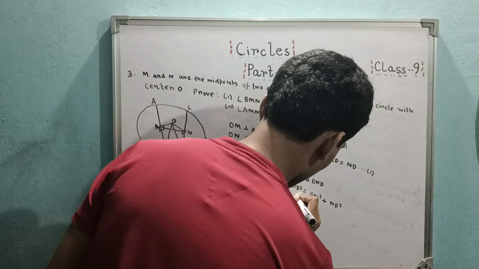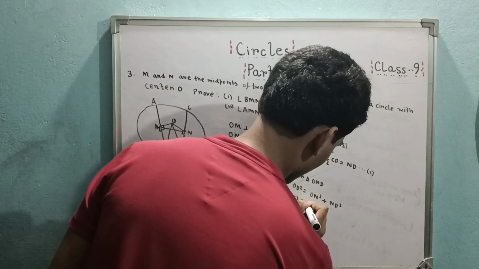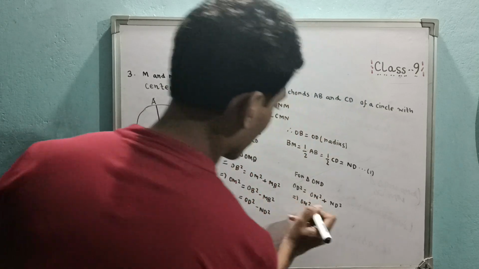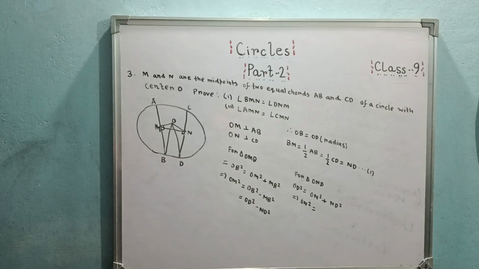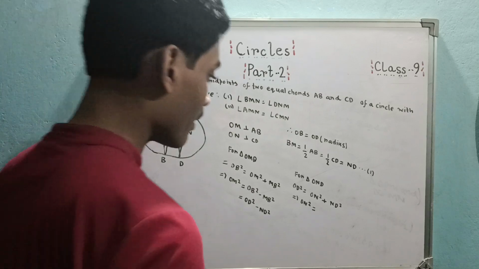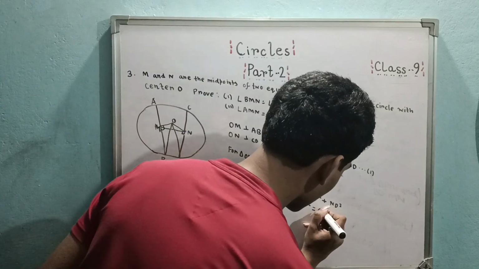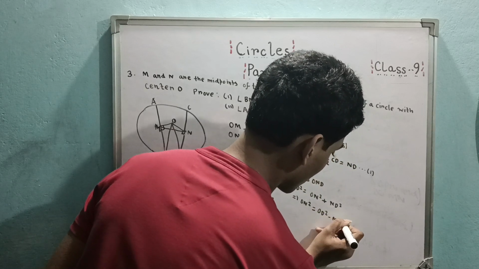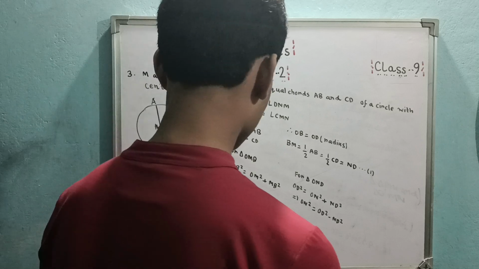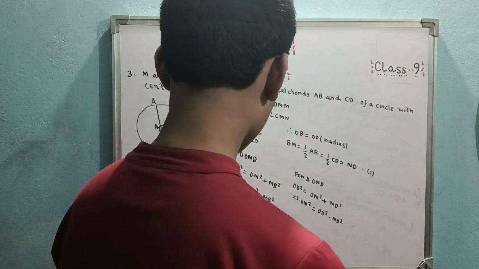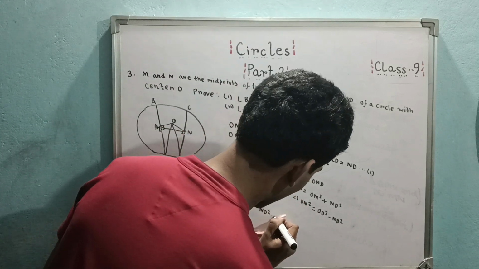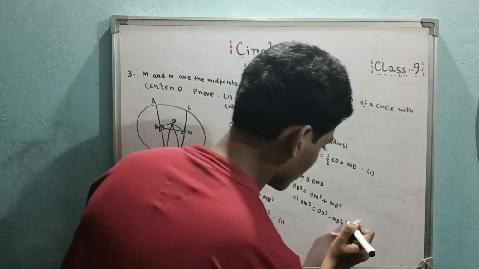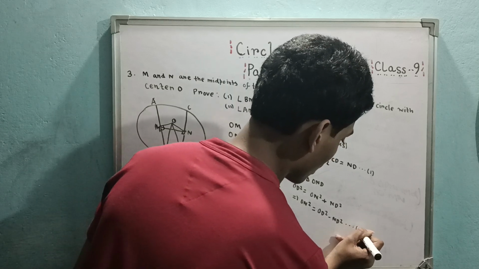Therefore, if I take ON square to one side, ON square equals OB square, OD square minus ND square. See, this is equation 1. This is equation 2.